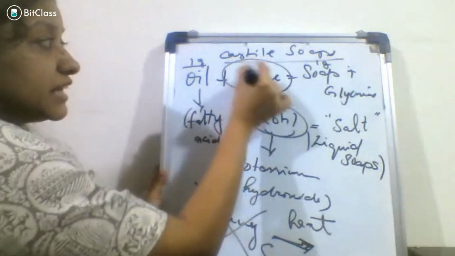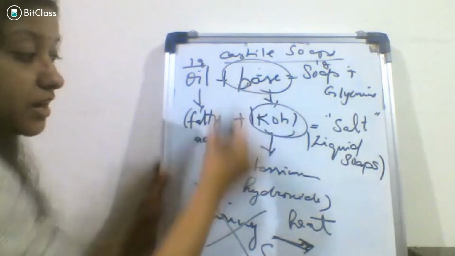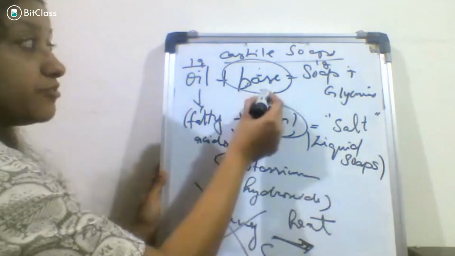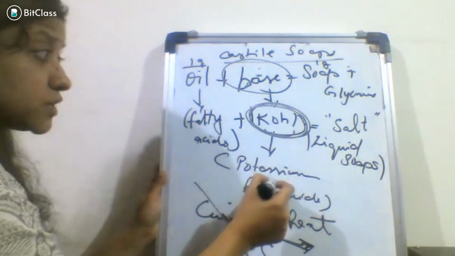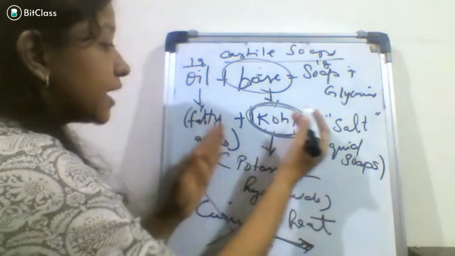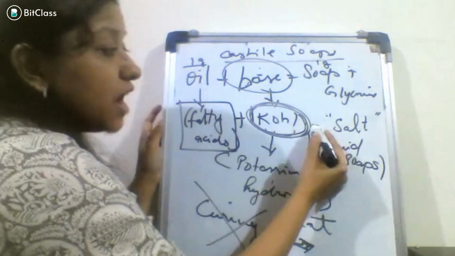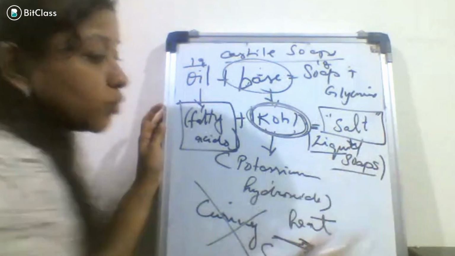For finding out how much of this intermediate is required, we do a saponification calculation. By that we find out how much KOH is required. After finding out, we combine it with the fatty acids, that is the oils, and then we automatically get this byproduct salt, that is liquid soap.